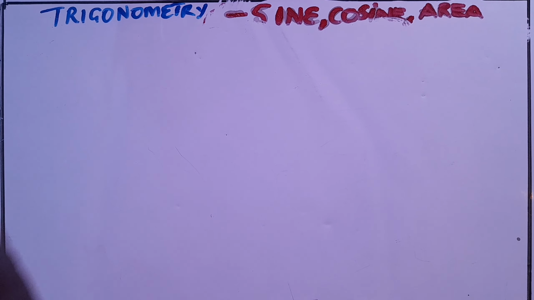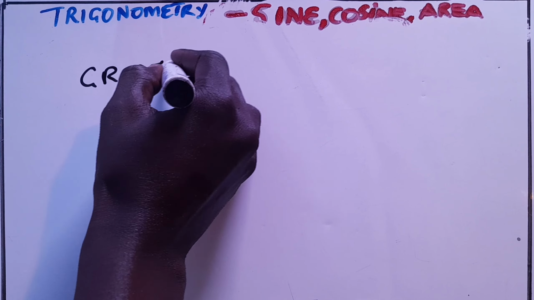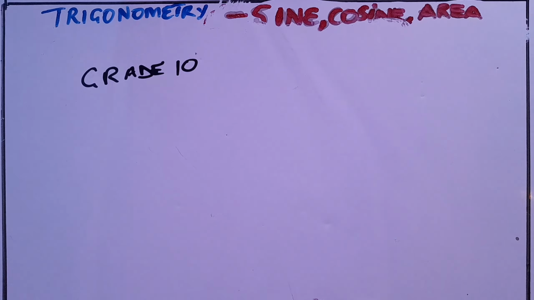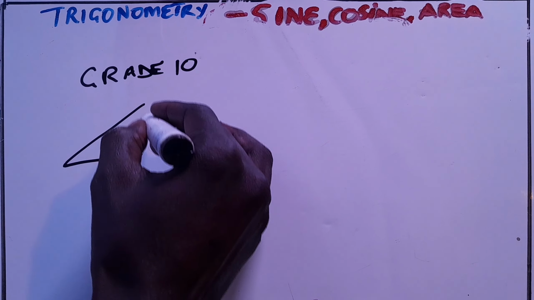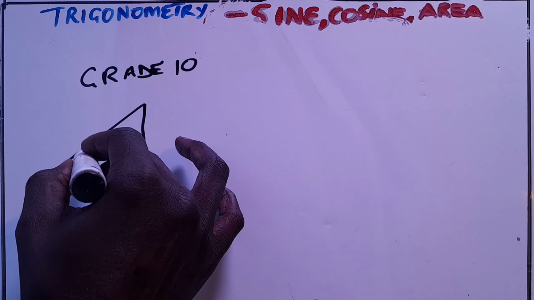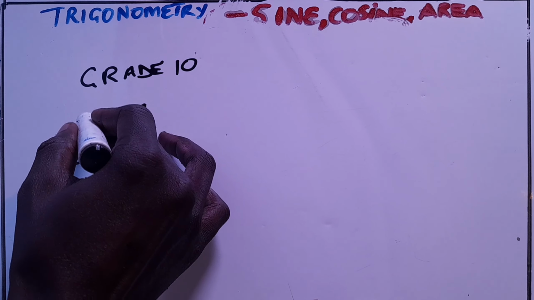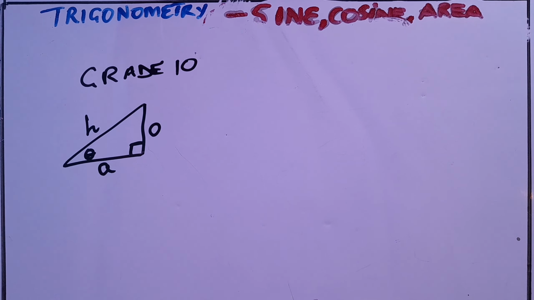So guys, in grade 10 we learned the ratios. If we have a right-angled triangle like this, and this is our theta, this will be our hypotenuse, this is our opposite, and this is our adjacent.